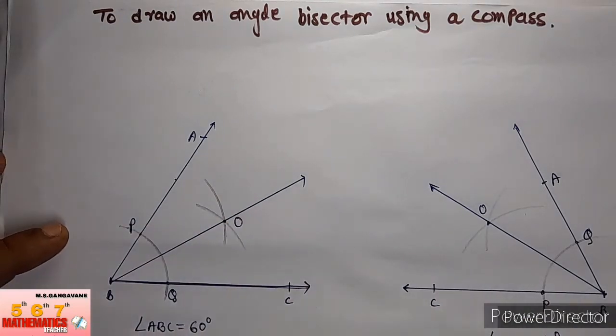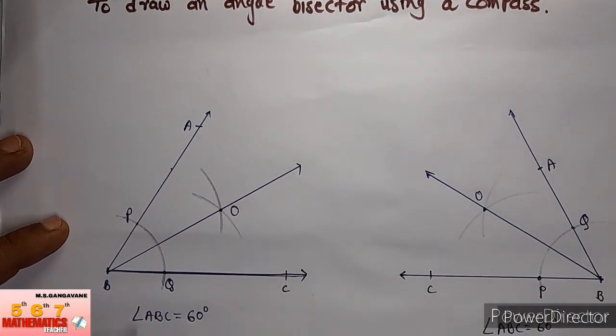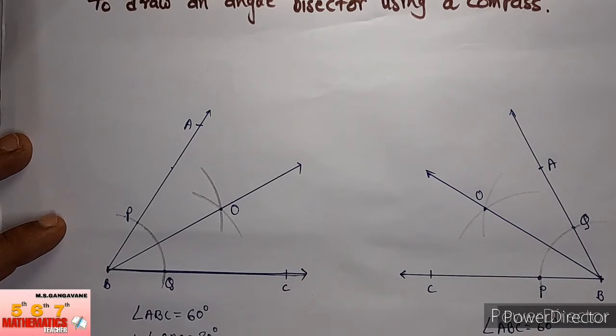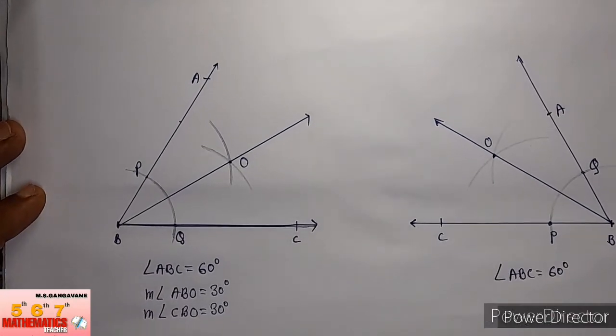Now you know, measure angle ABO is equal to 30 degree and measure angle CBO is equal to 30 degree. Done? Do you understand?